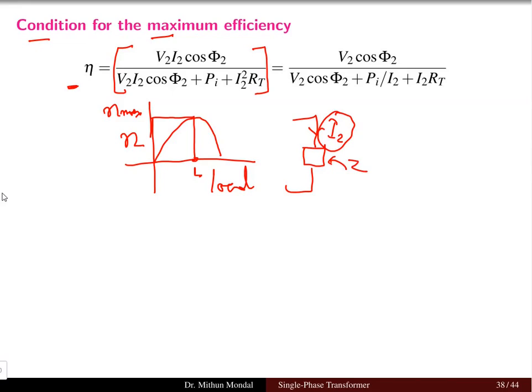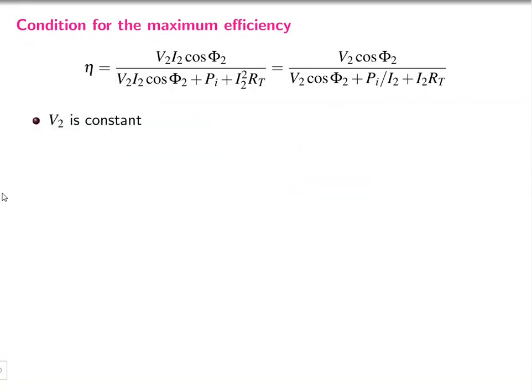If we divide the numerator and the denominator by I2, then we will get the equation. Now note here that the voltage V2 is constant for a particular transformer, and for a given power factor cos phi 2, eta, that is the efficiency, will depend only on the secondary current.